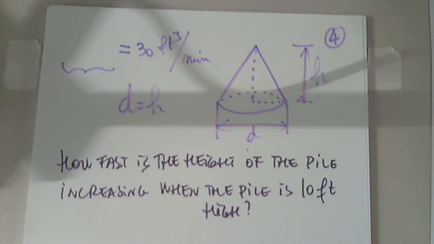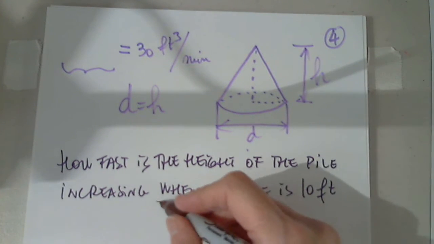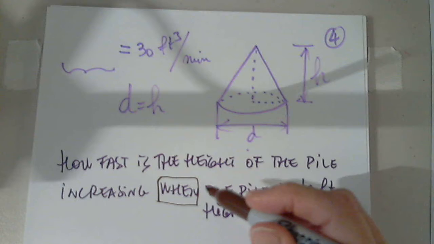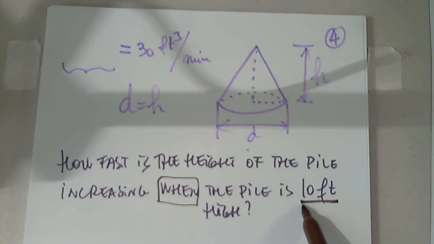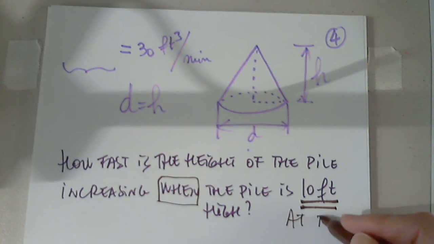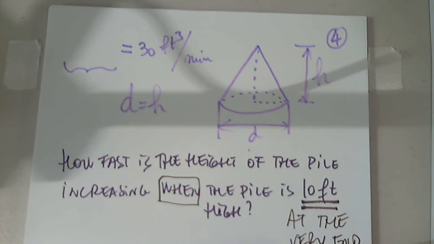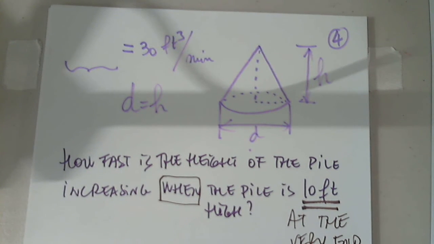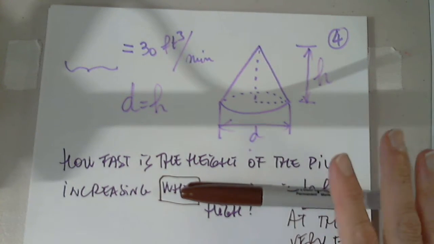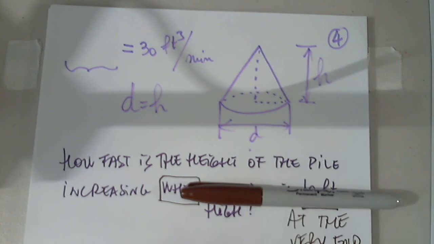Every time the problem says, how fast, blah, blah, blah, when, anything that follows after the word when has to be used at the very end. When you established the function, you differentiated it, and now you're plugging in numbers. So you can disregard all this. After it says when, forget it, till the very last step.